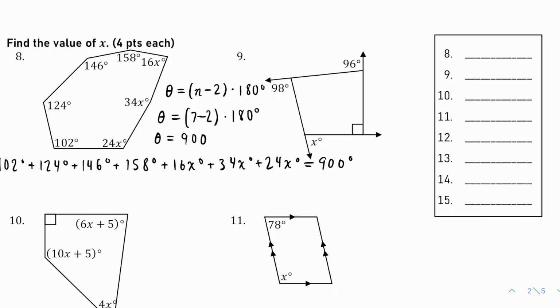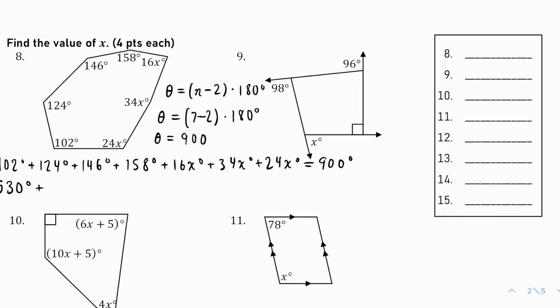I'm going to combine some like terms. So I can do 102 plus 124, 146. I'm doing this in the calculator. So these add up to 530. And then the coefficients on the x's, 16 plus 34 is 74.